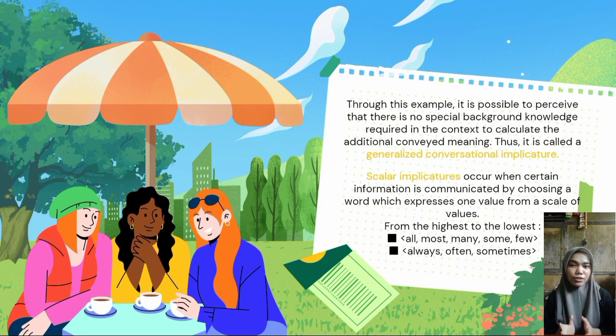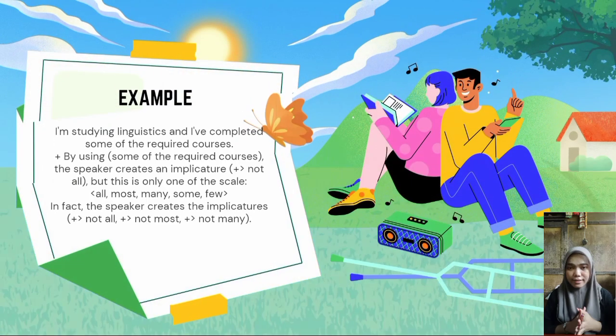Scalar implicatures occur when certain information is communicated by choosing a word which expresses one value from a scale of values from the highest to the lowest, like all, most, many, some, few, always, often, and sometimes.